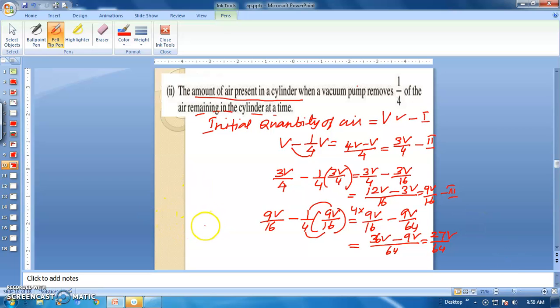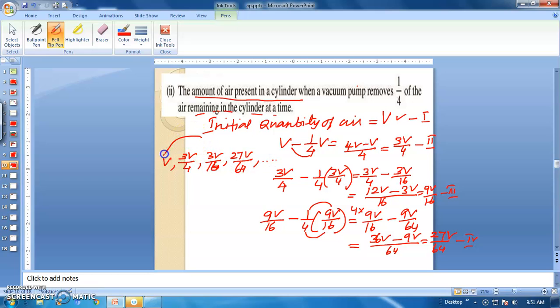So now it is the fourth time. Now I'm going to make all these results into a series. For the first one V, comma, the next one 3V by 4, and third one 9V by 16, and fourth one 27V by 64, etc.